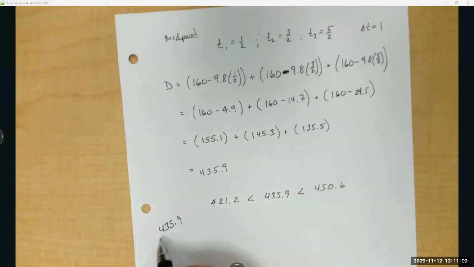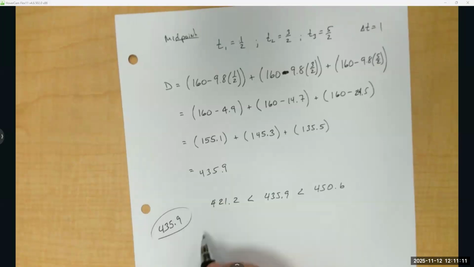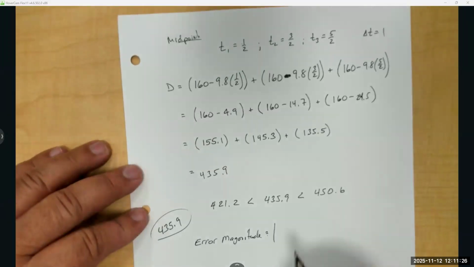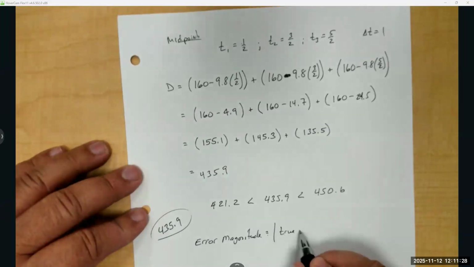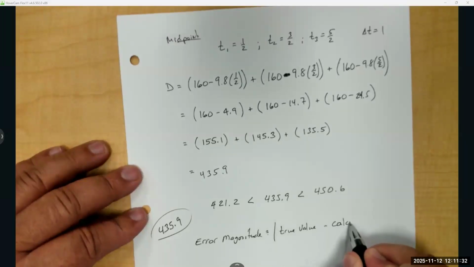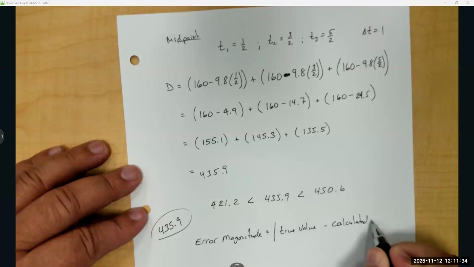Since we have the exact value, remember the error magnitude is the true value minus the computed value.